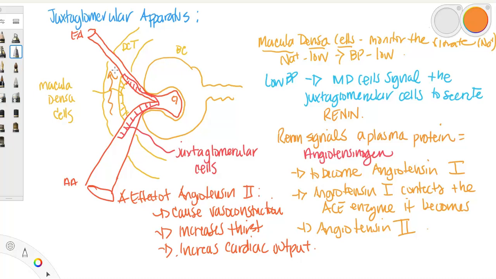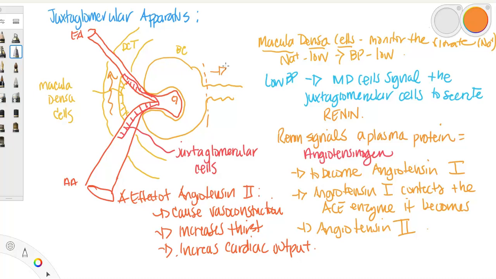Okay, so the next part is the start of reabsorption. Remember, at the renal corpuscle we are only talking about filtration. From here on is where reabsorption begins.